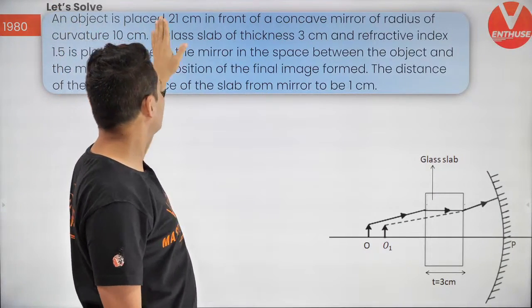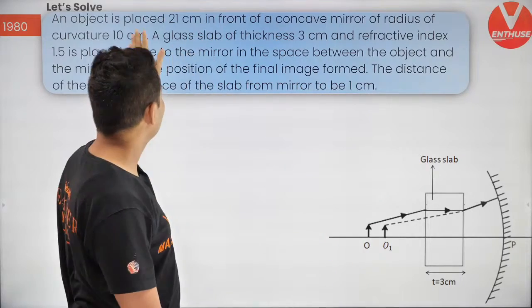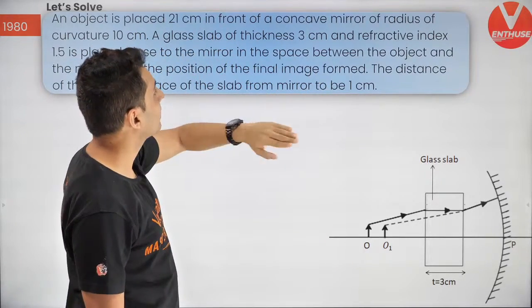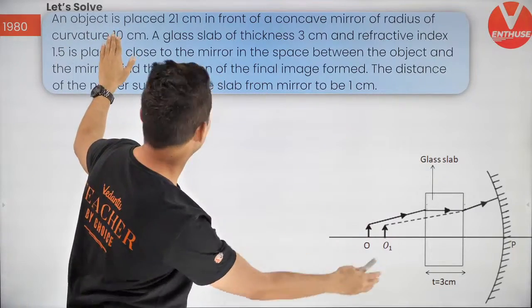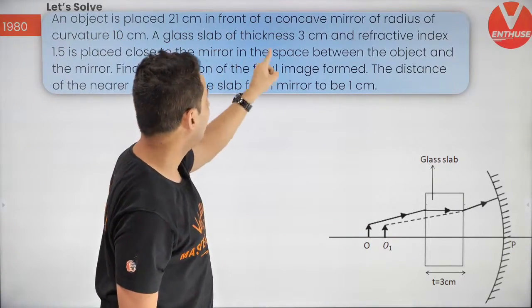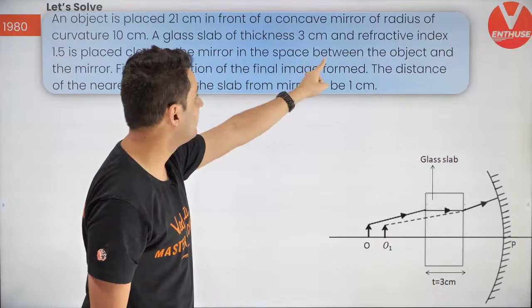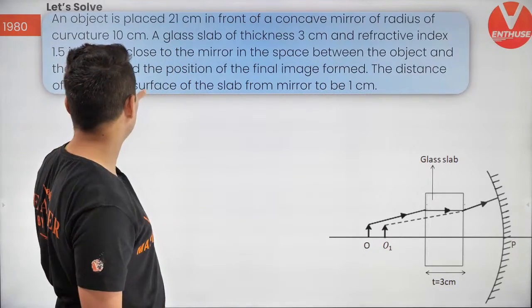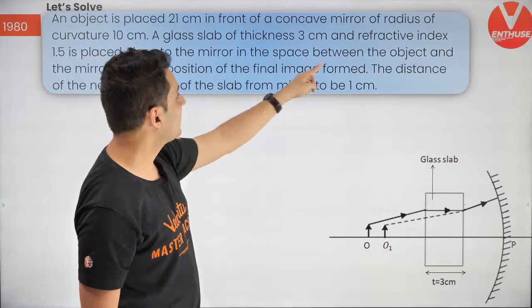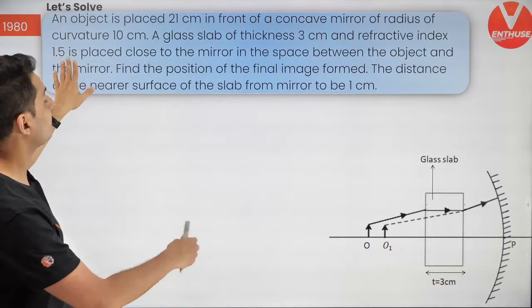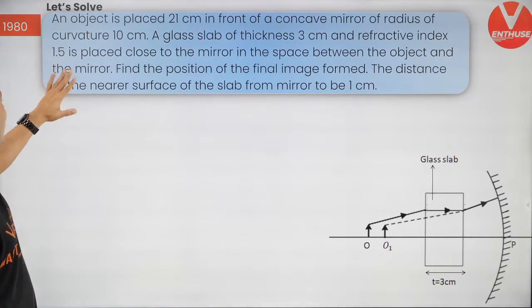There is an object which is placed 21 centimeters in front of a concave mirror of radius of curvature 10 centimeters. A glass slab of thickness 3 centimeters and refractive index 1.5 is placed close to the mirror, in the space between the object and the mirror.